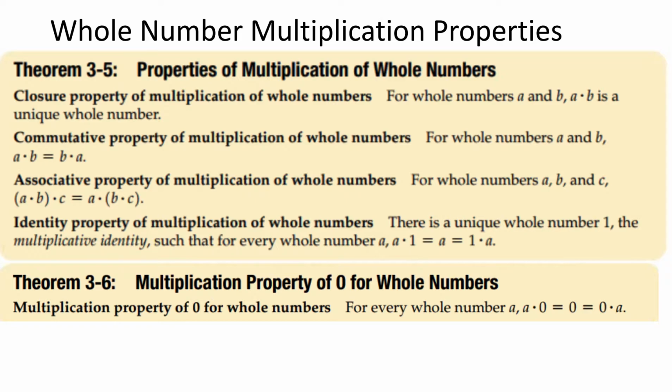Think about closure property. What is a closure property in addition? The addends are whole numbers. When you add them together, you have a unique whole number, right? Similar to that, in multiplication, for any two whole numbers, a and b, if you multiply them together, you get a whole number product. 2 times 3 or 3 times 2 or 1 times 4 is always a new whole number, right?